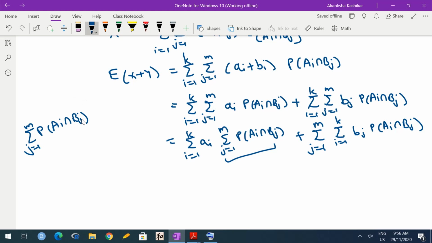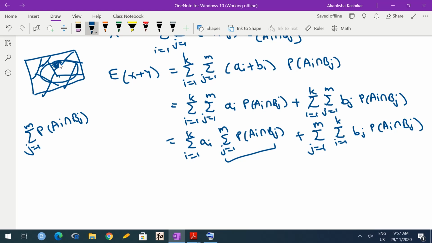Each Bj is disjoint, and Ai intersection Bj would be a subset of Bj. So Ai intersection Bj is also disjoint. Basically, suppose these are all the Bj's and Ai is something like this.